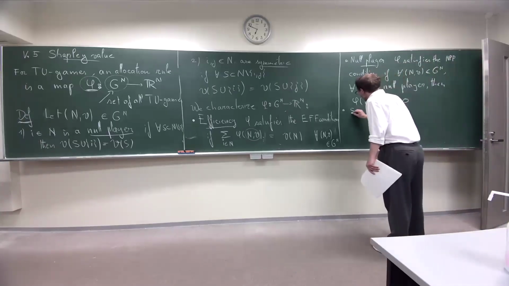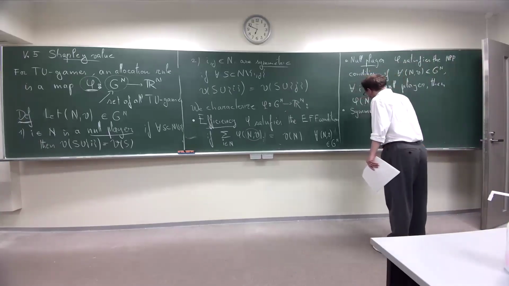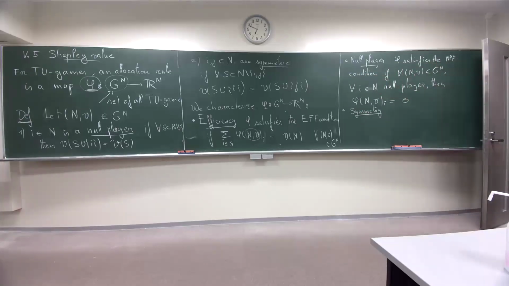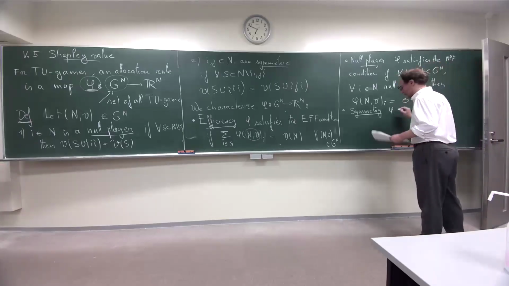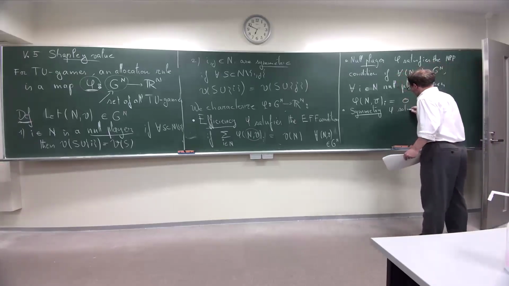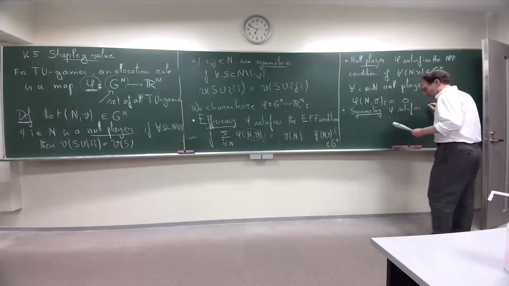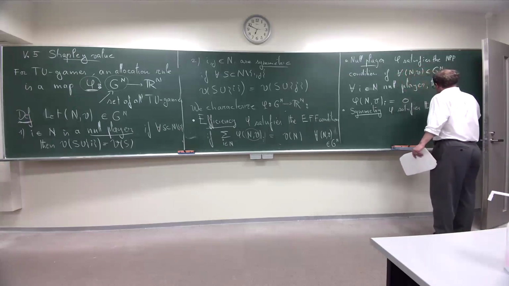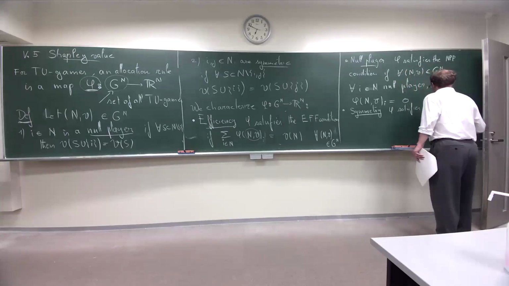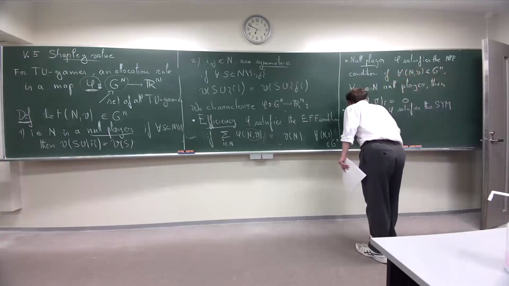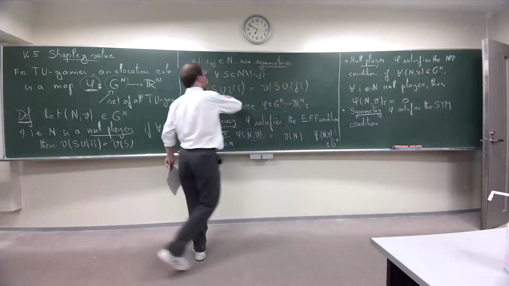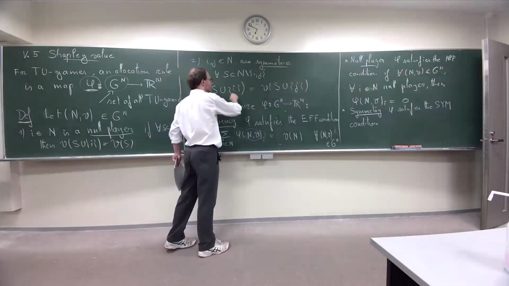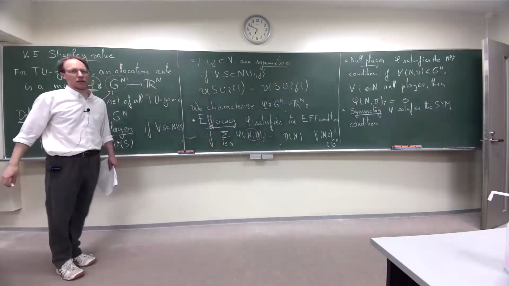The notion of symmetry: I defined just before what are two symmetric players. So I will say that phi satisfies the SYM condition. Remember, two players which are symmetric bring the same amount to each coalition.